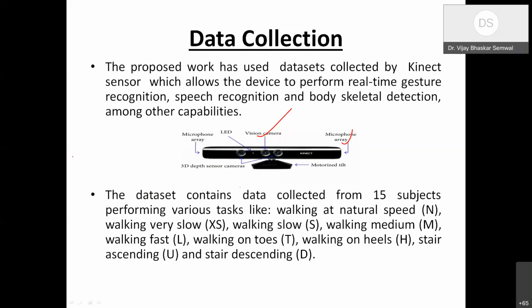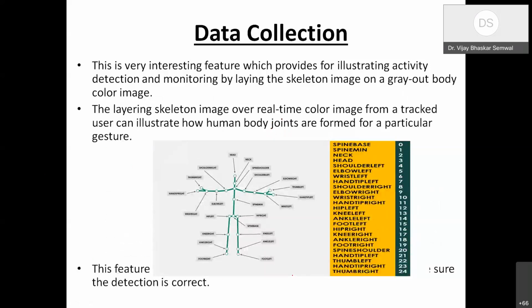In the proposed dataset, we have collected data for 15 subjects for walking activities: natural speed, walking very slow, walking slow, walking medium, walking fast, walking on toe, walking on a hill, and stair ascent and grades. So we captured different data. The Microsoft Kinect sensor is a studio kind of camera, which gives you skeleton joints, 25 skeleton joints. I already told you, joints 0 to 24 are there.